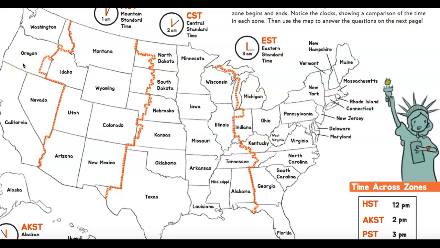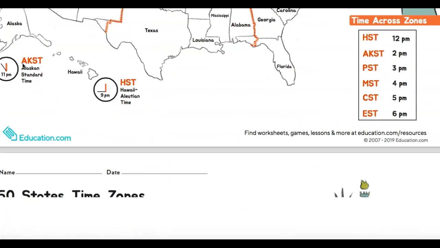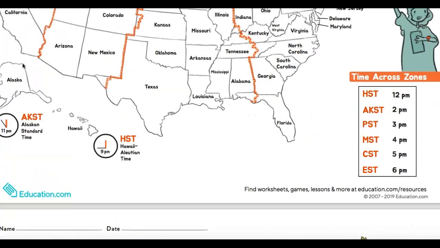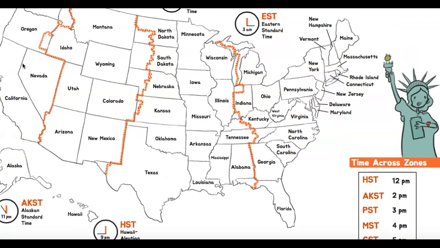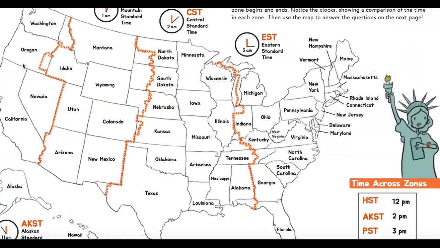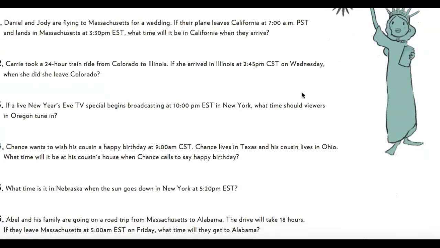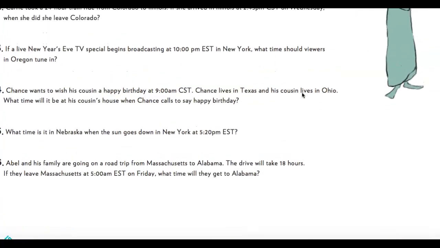So New York is 3 hours ahead. So 10 p.m. minus 3 hours. So people in Oregon would have to tune in at 7 o'clock their time, and it'll be 10 o'clock New York time.